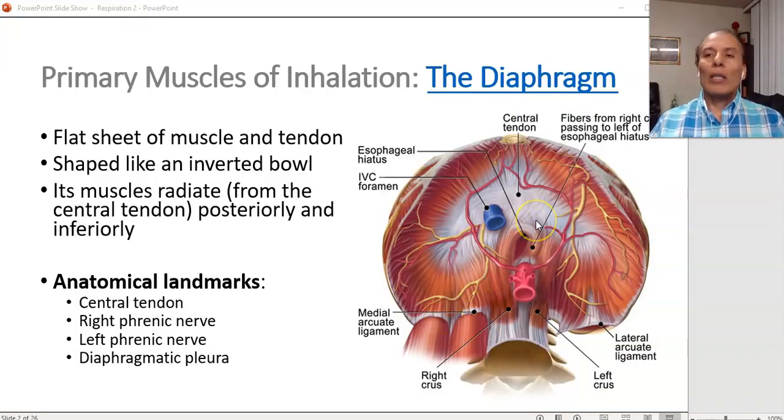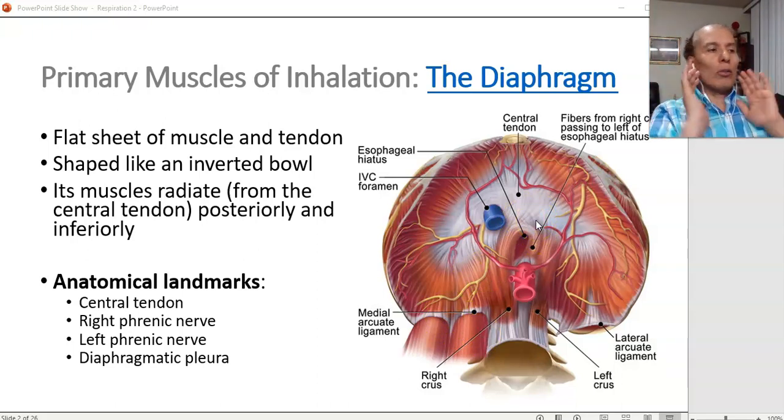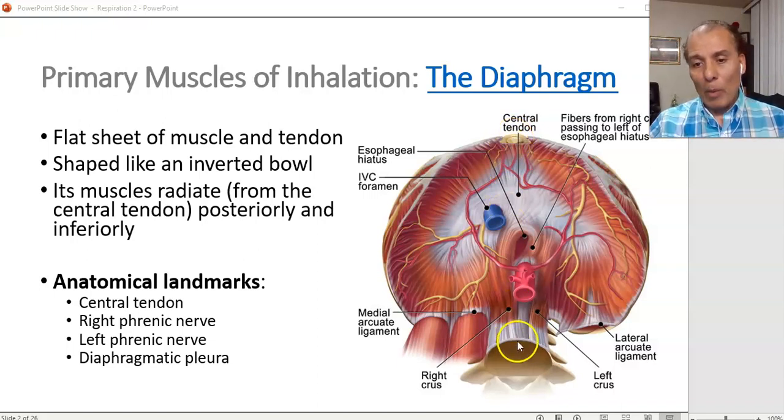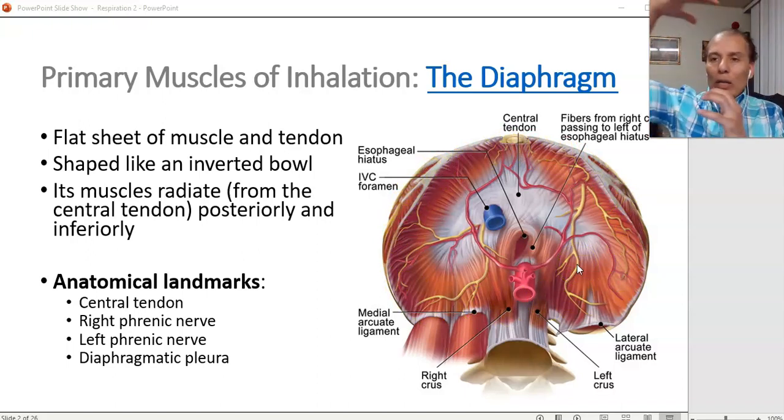So now we are looking at a superior view of the diaphragm. The person is facing this way, so that here's the anterior. This is a transverse cut of the sternum, and posteriorly this is the spinal column. The diaphragm here is like a dome, and you're looking at the top of the dome, looking down at it.